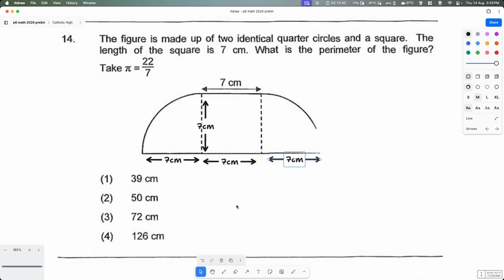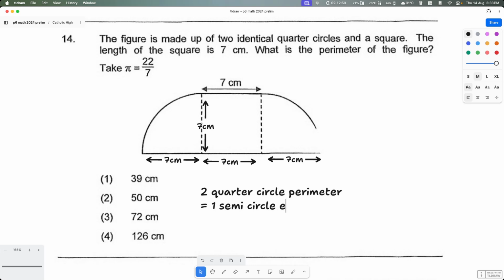For this, basically, 2 quarter circle perimeters is equal to 1 circle perimeter. I think that's pretty straightforward, which is basically 2 times pi times radius.